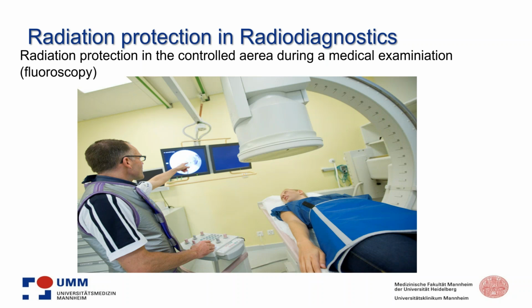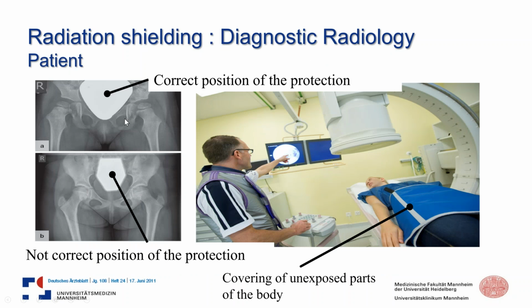The shielding option that the medical doctor has is against the scatter from the patient, so he has no direct radiation, and the shielding effect is done by the lead apron. You can shield the complete scattered radiation down to 99%. The patient is on the table.